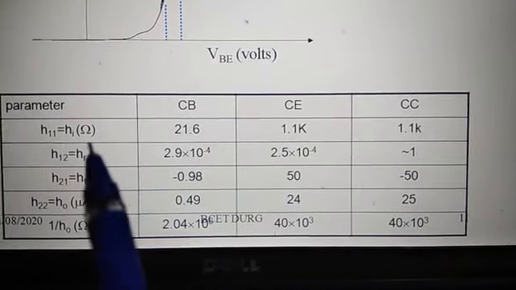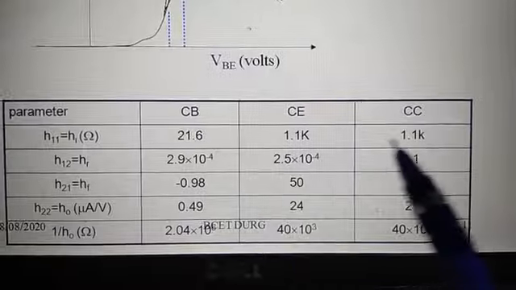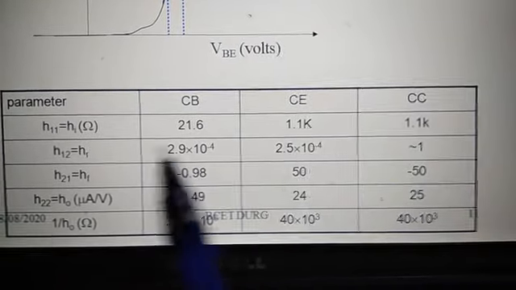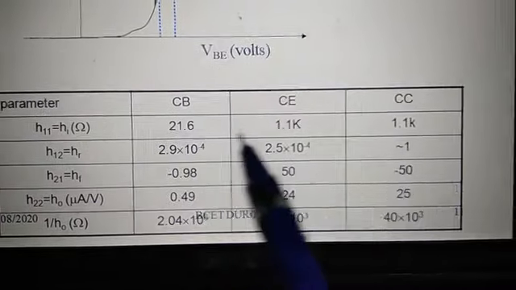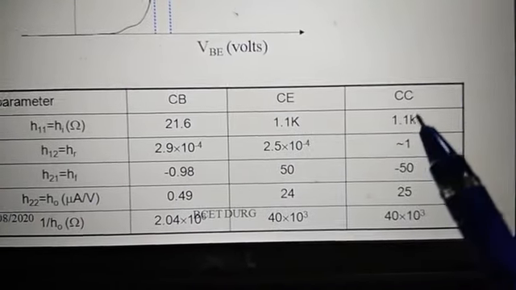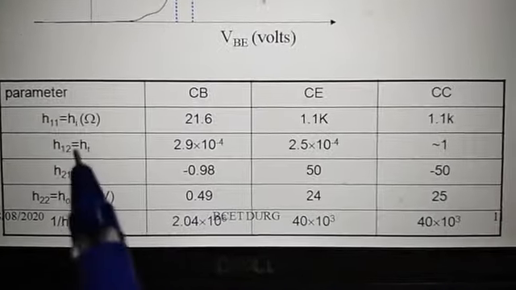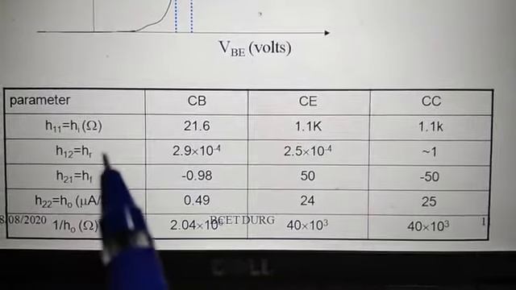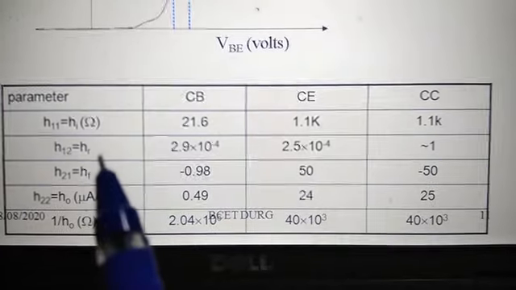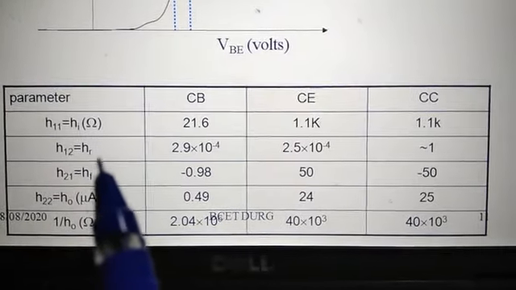That is the input impedance in terms of the low frequency H parameter model, that is HI. This is HIB, this is HIE, this is HIC. Here H12, that means HR, is the reverse voltage gain, input voltage upon output voltage.